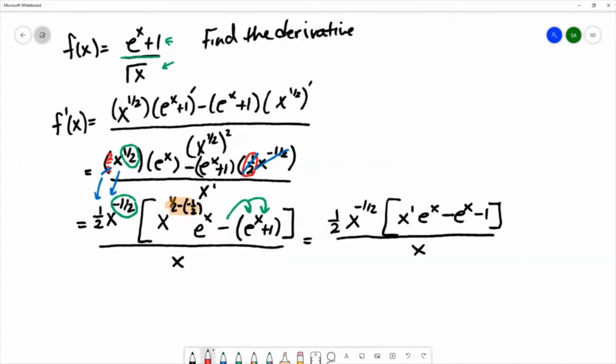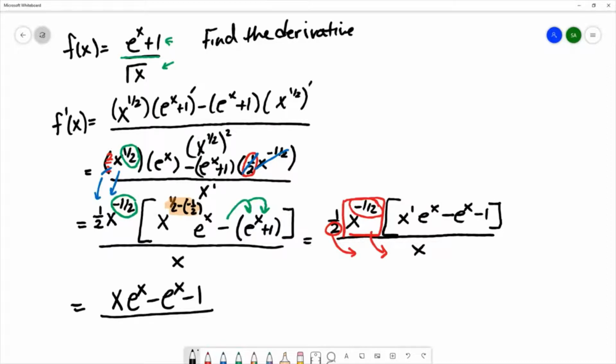I can bring this 2 to the denominator, and because this has a negative exponent, I can bring that whole factor to the denominator as well. So left in the numerator I have x e to the x minus e to the x minus 1. And in the denominator I have 2 x to the 1/2 times x.